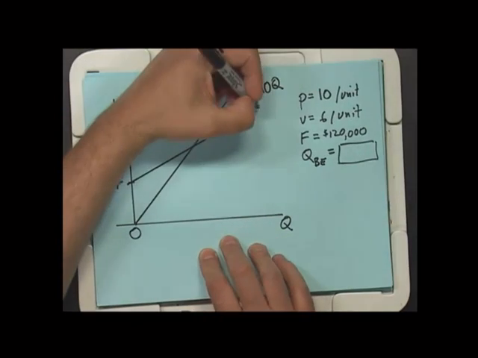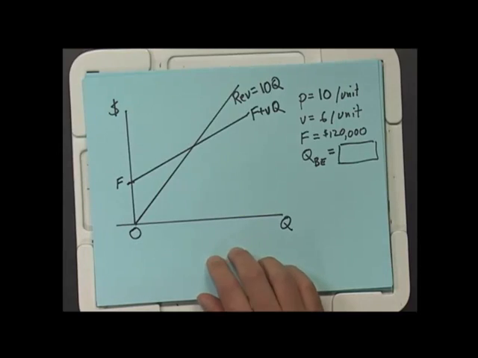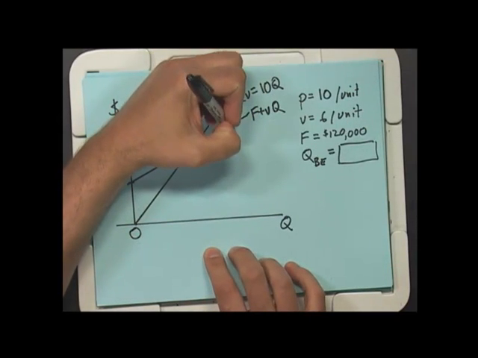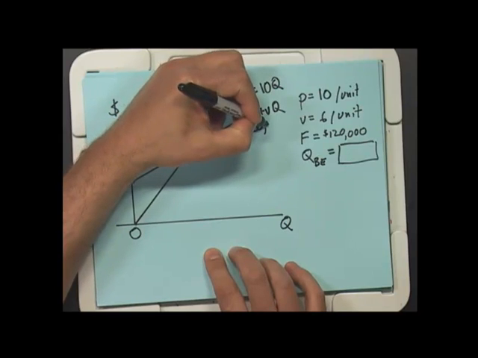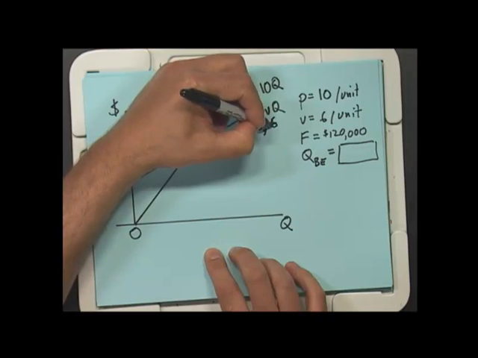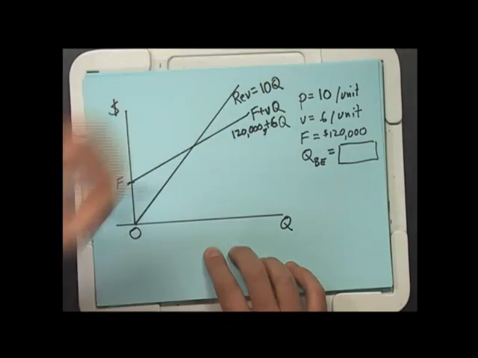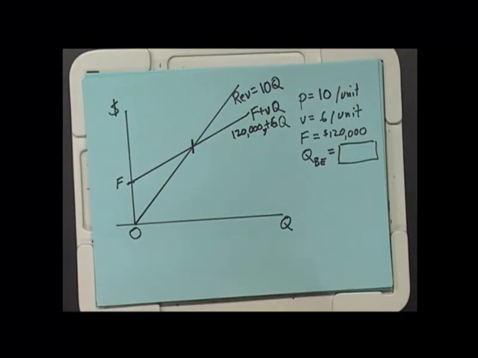And so this is F plus VQ, where V is our variable cost per unit: $120,000 of fixed costs, plus 6Q. And here is our break-even point.